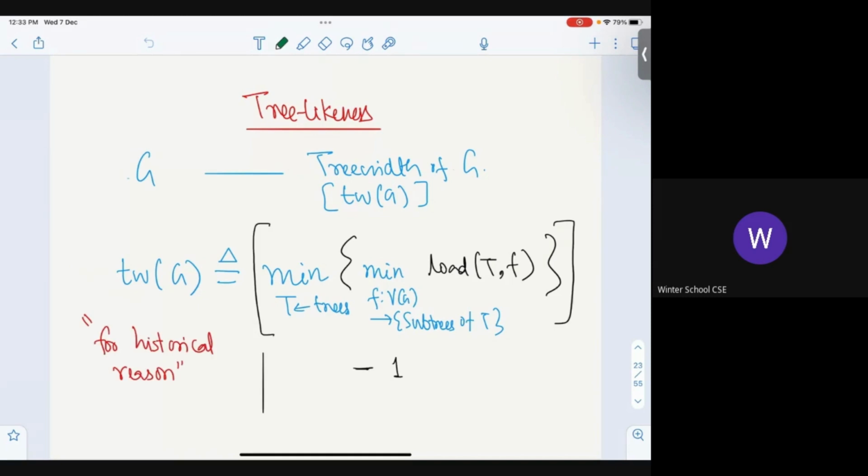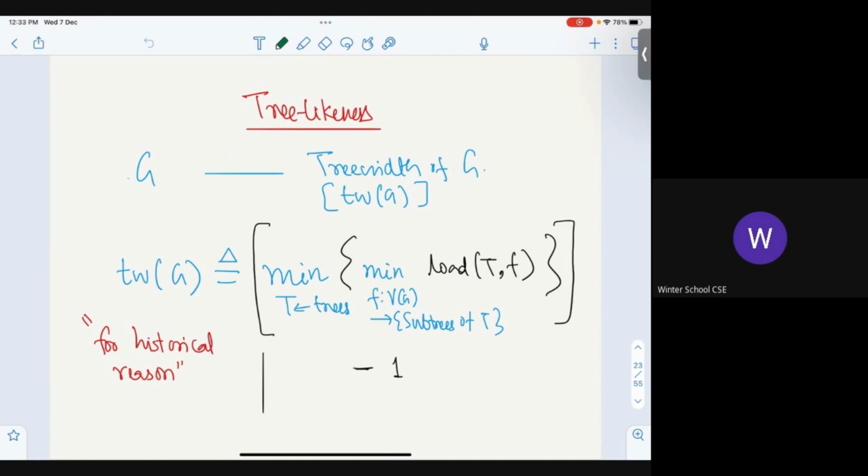And historically, we'll subtract 1 from this. So the tree width of a graph will be the maximum load over all nodes, minus 1. For your own fun, you can remove the -1. I will tell you why historically, whoever defined this put the -1. So even if your graph has n vertices, the tree width is n-1 because the load is n, and we artificially subtract 1.